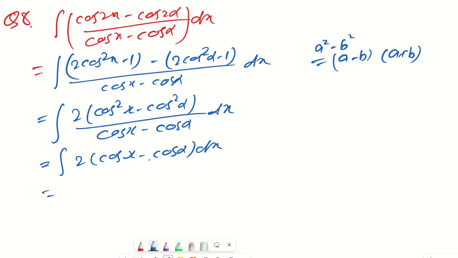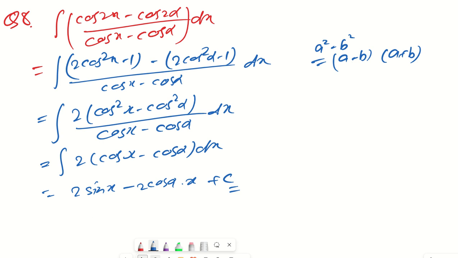We can directly write it down, 2 times sin x minus 2 times cos alpha into x, plus some constant c. So you know already now that integration of 2 times (cos x minus cos alpha) dx is going to be 2 times sin x minus, this is constant, so 2 cos alpha is constant, into x plus some constant c.